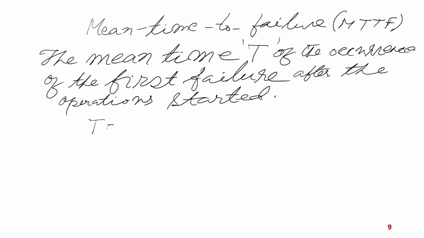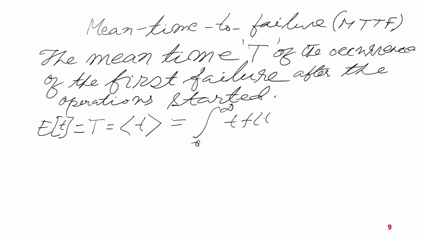So, statistical mean means I am to calculate the expectation, also called E t, the mean value. I can calculate it by integrating from 0 to infinity t f t dt.